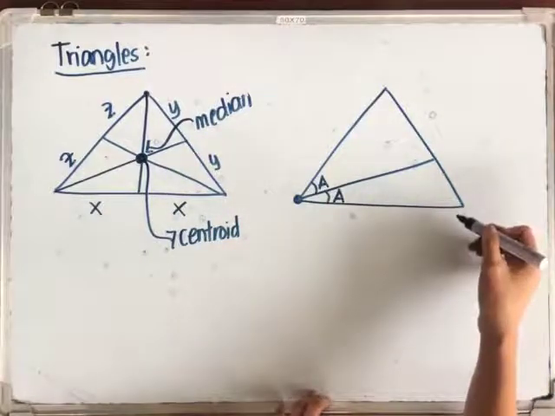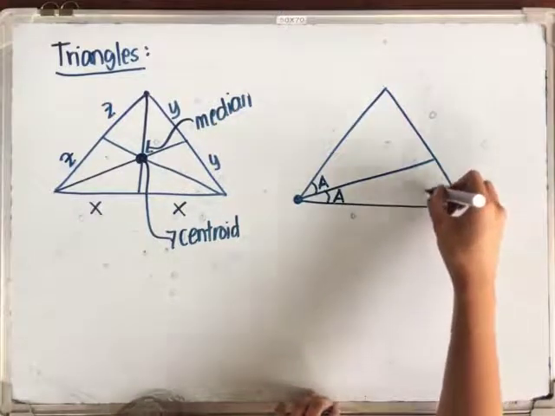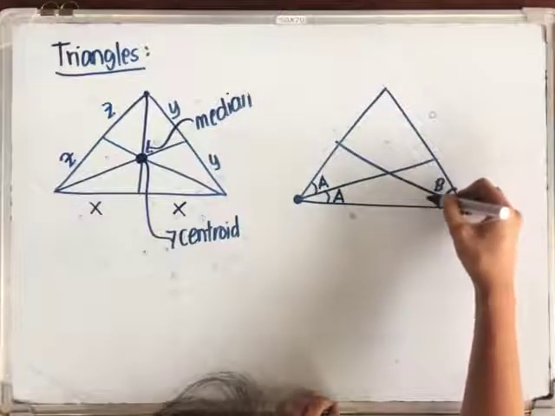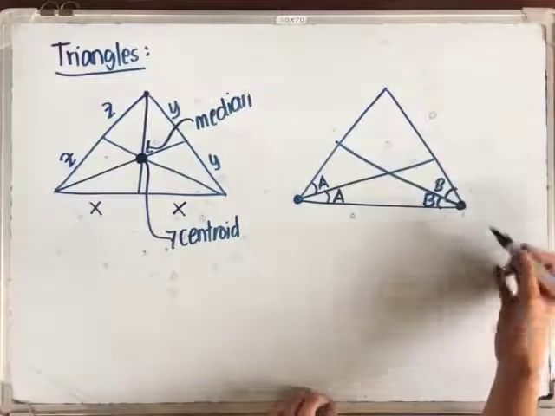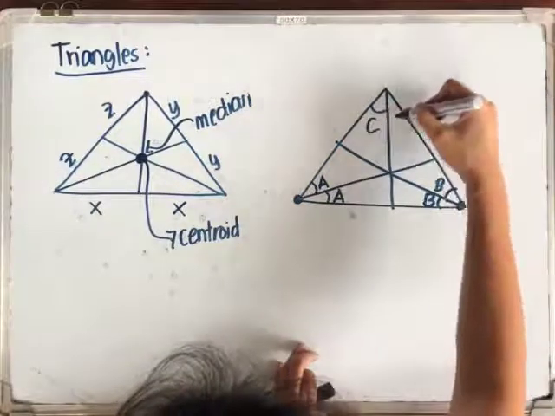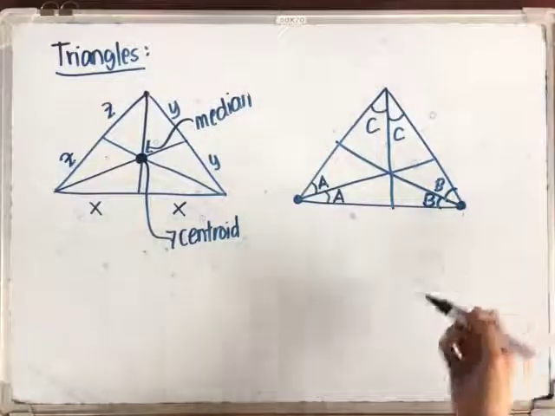Anong tawag natin dito sa line na to? O halimbawa, ito din sa vertex na to. Ayan. If this is angle B, this one also is angle B. Okay? And lastly, if ito, angle C, ito din daw dapat angle C. How do we call these lines here?